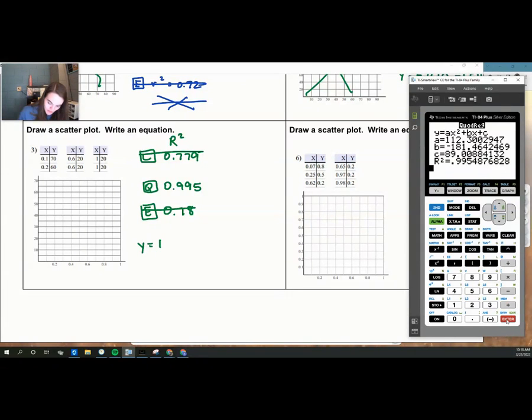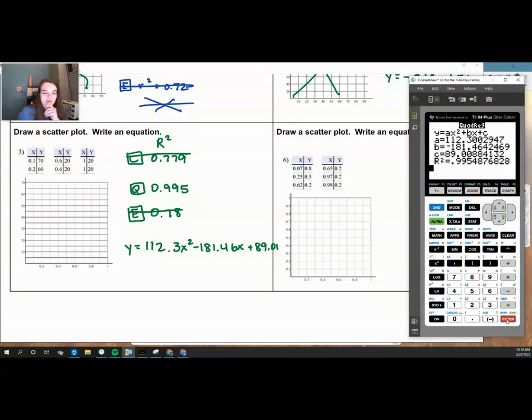So y equals 112.3x squared minus 181.46x plus 89.01. Okay. All right, if you haven't, again, pause the video and do number 6.